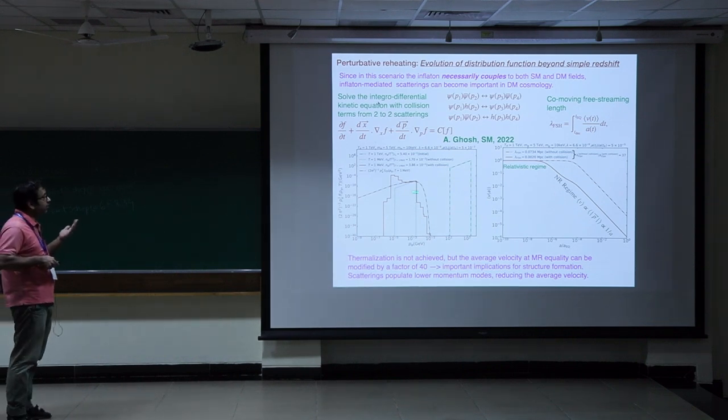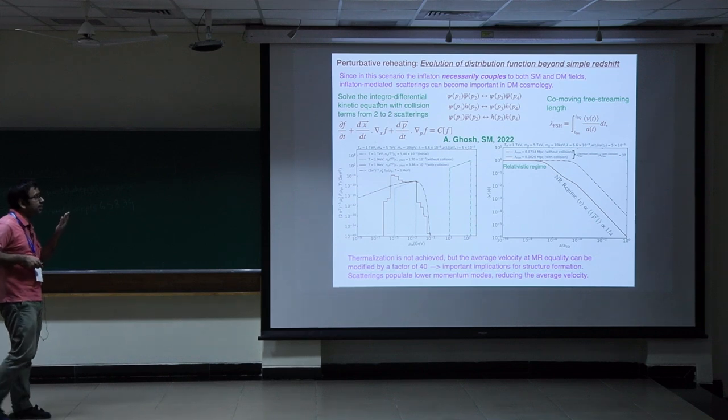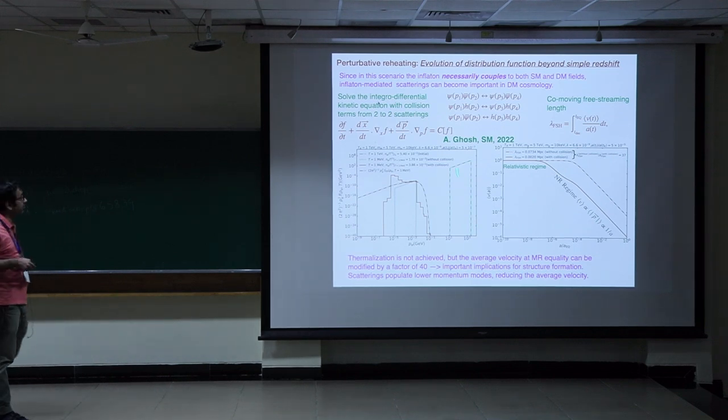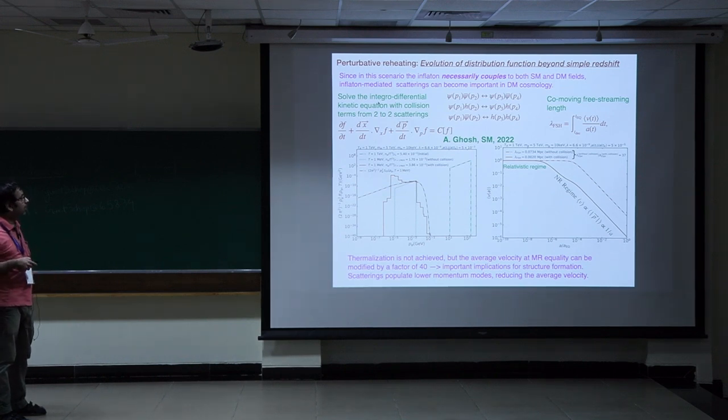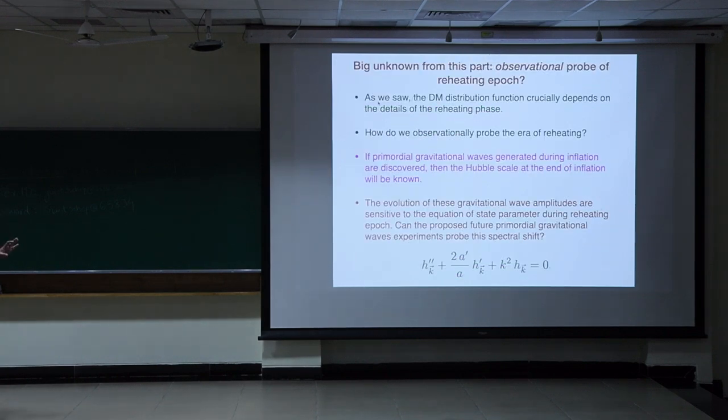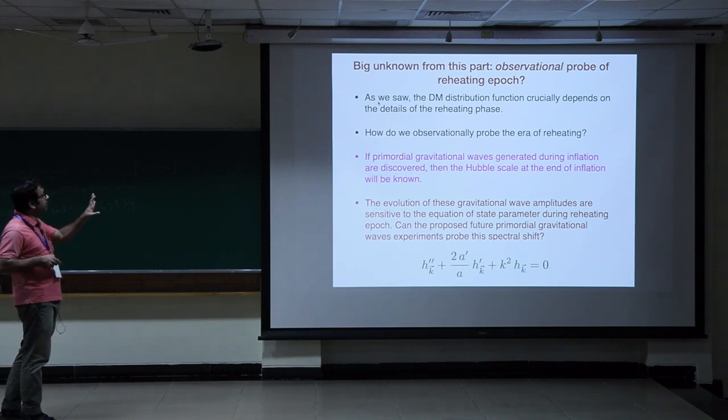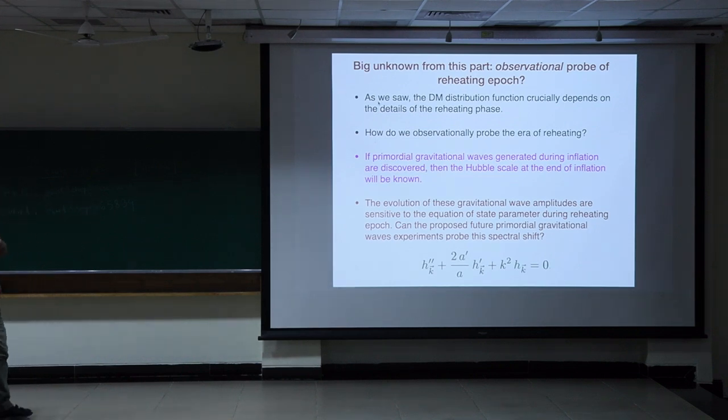So if you do not include these scattering effects, for example, the free streaming length that I mentioned will be around 73 kiloparsec, which will be already in tension with the Lyman alpha data for this scenario. But once you include the collisions, there's a 40 times reduction in the free streaming length, thereby making it allowed. So even in such a simple scenario, there are many details of the inflationary and the reheating epoch that are important.